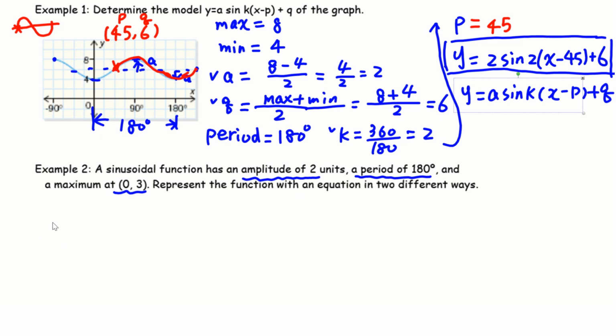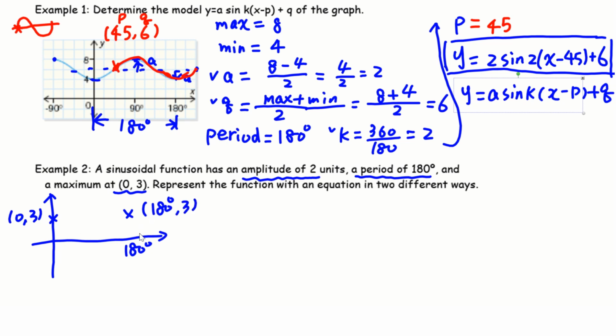So the easier way is we could sketch it. The maximum is (0, 3), so this is a maximum point. Then the period is 180, which means after 180 you will repeat this point.